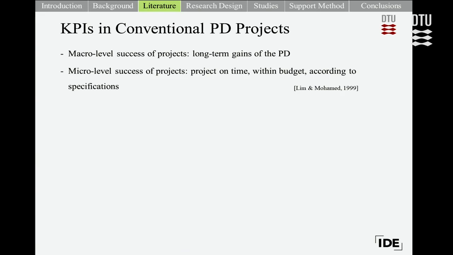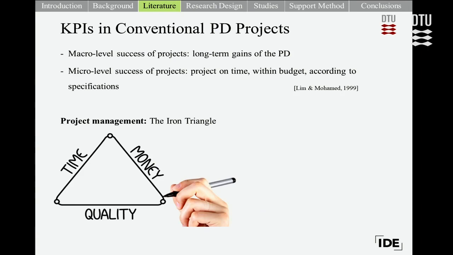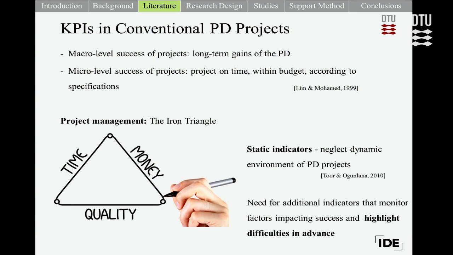This is similar to what is identified in the project management literature when talking about the iron triangle, which has three performance dimensions: time, cost, and quality.